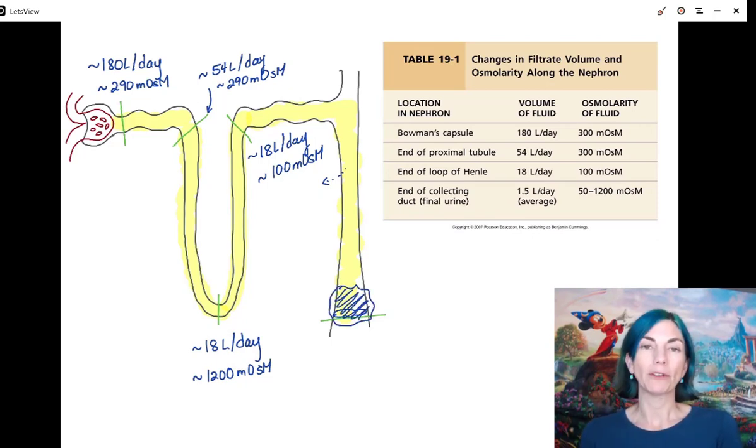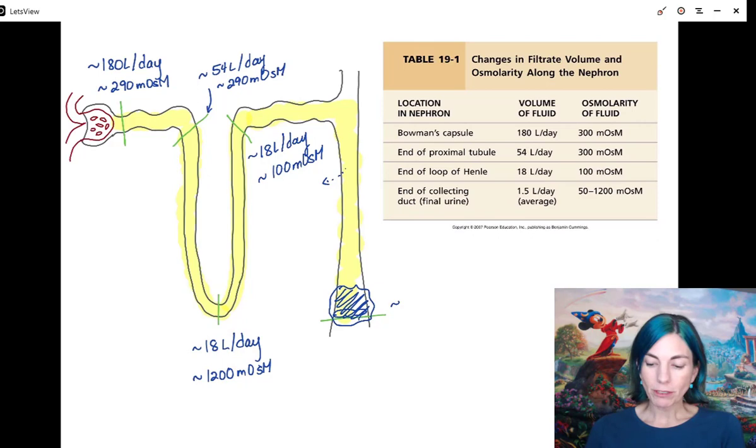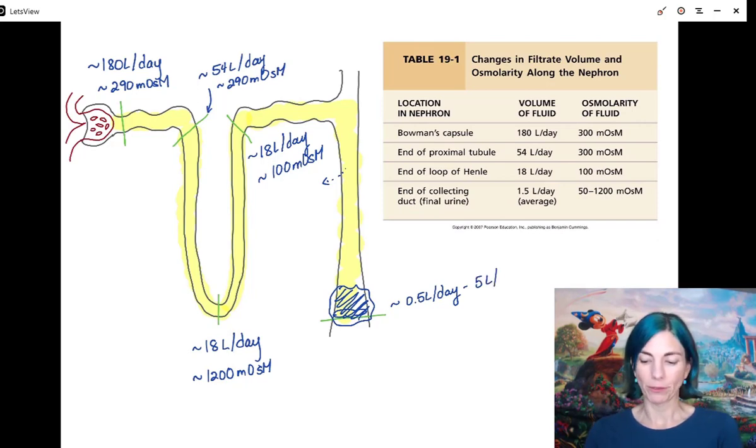And so when you use the restroom, you're going to have a much greater urinary output or urinary volume. And so the amount of fluid that crosses the collecting duct is going to vary depending on your body's state. So typical amounts could be anywhere from half a liter per day to many liters per day. So let's just say 5 liters per day.